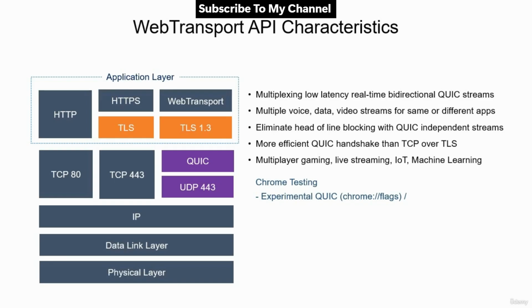So I've got the TCP model here, and I'm showing HTTP over TCP/80, HTTPS over TLS. These are all common protocols you know of. Then Web Transport is an API, so it's not a replacement for HTTPS, but it is for WebSockets. And it runs over TLS 1.3. That's what you need for Web Transport.